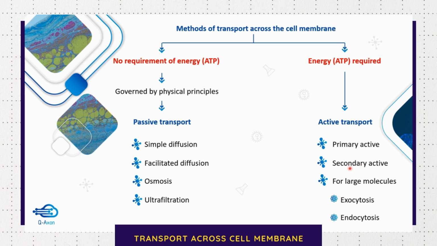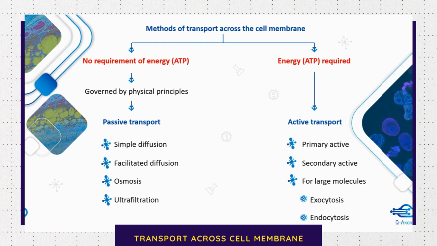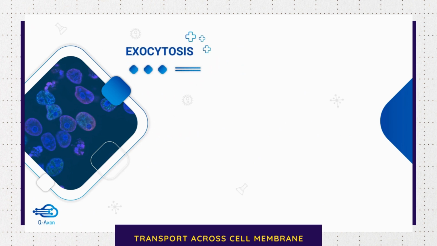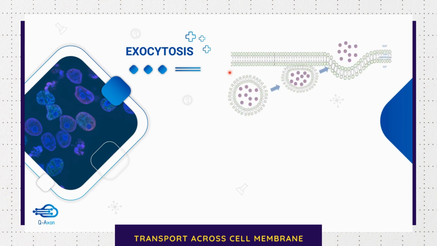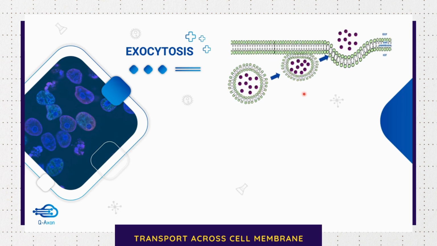Okay, now let's move on to the third type of active transport mechanism, which is for large molecules, that is exocytosis and endocytosis. Fundamentally, in exocytosis, the substances which are targeted to move from inside the cell to outside the cell move by exocytosis.